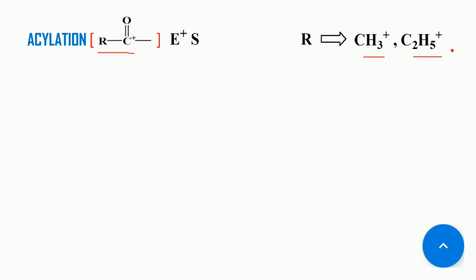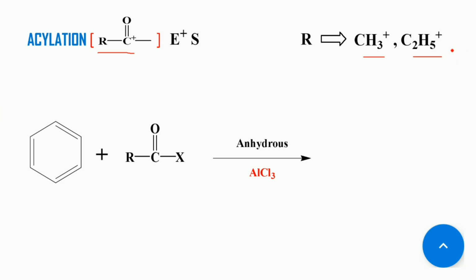Now let's go for one example. So here is our benzene and our reactant, which will go for fission in the presence of anhydrous AlCl₃. We all know that it's a Lewis acid and acts as a catalyst. So after fission we get one electrophile and another one is a nucleophile.